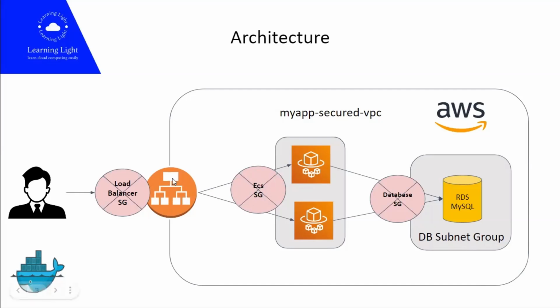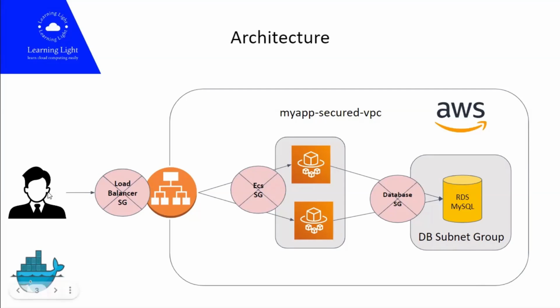On the other hand, this load balancer security group can accept connections on port number 5000 from the external world. Apart from port 5000, no one can access this load balancer.